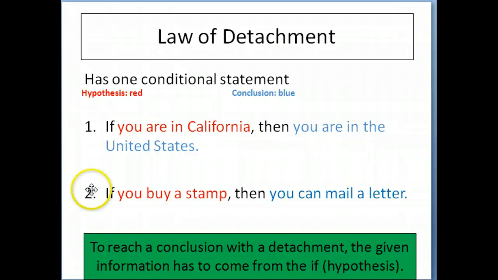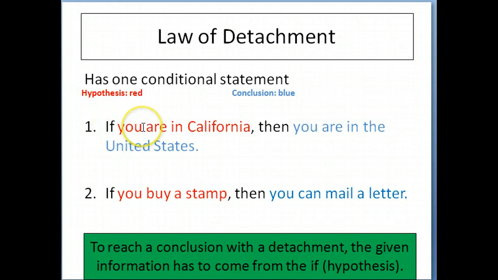That first example, notice, was a single conditional statement. It just had an if and a then. And here are two more examples of those. When we use those, that's called the law of detachment, using a single if-then statement to draw conclusions. So here's one. If you are in California, then you are in the United States.